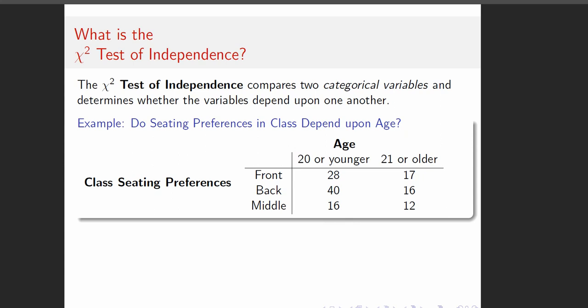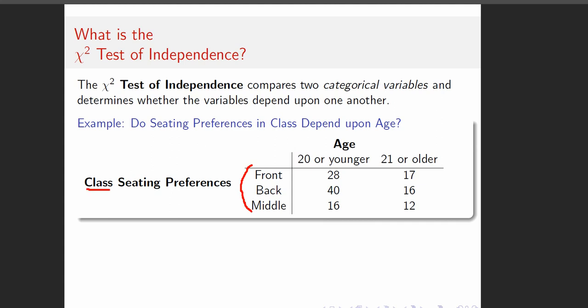Those may be fancy words, but let's put some meat on the bones, right? What kind of test are we looking at? Well, in our personality data set, the data was collected at UNG Dahlonega a decade ago or more, and we asked students what their seating preference in class was. If there were seats available in the front, back, and middle, where would they prefer to sit in class?